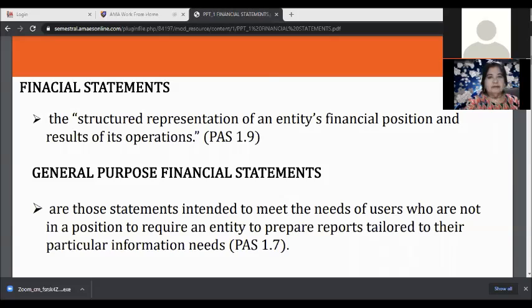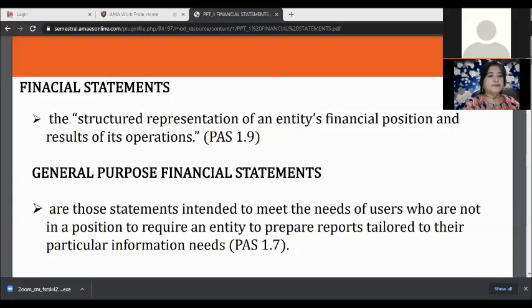They are those statements intended to meet the needs of users who are not in a position to require an entity to prepare reports tailored to their particular information needs, in accordance with our Philippine Accounting Standards 1.7. So this is the main aspect of our FS.